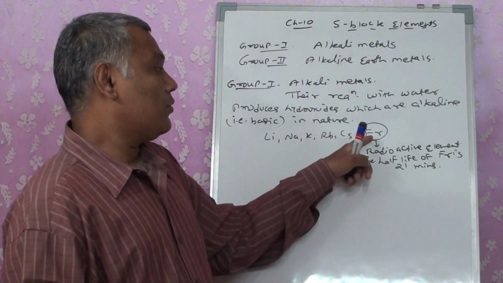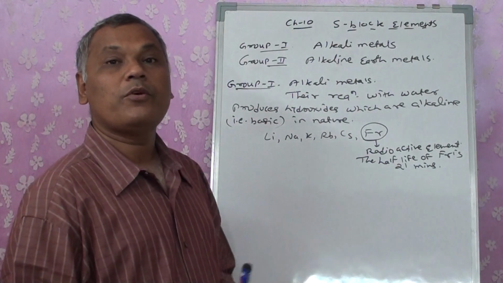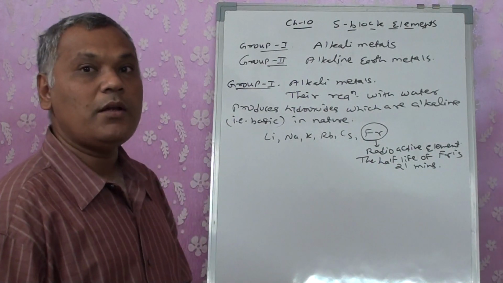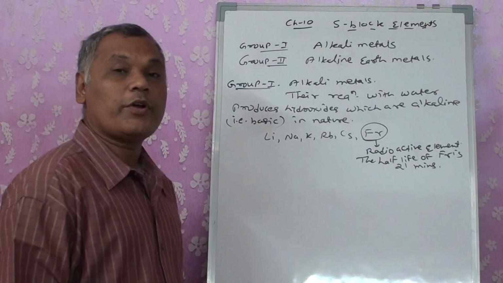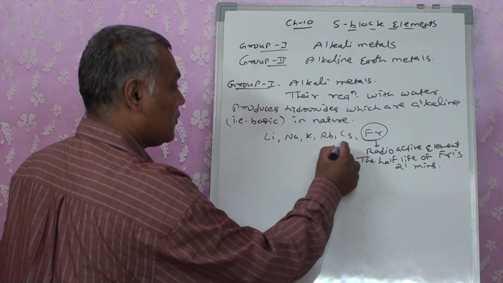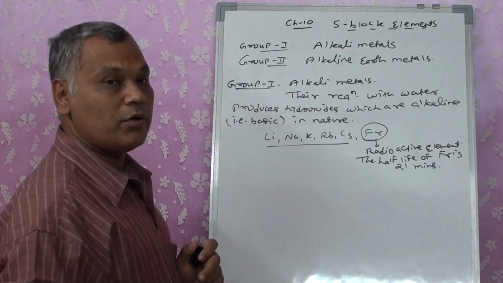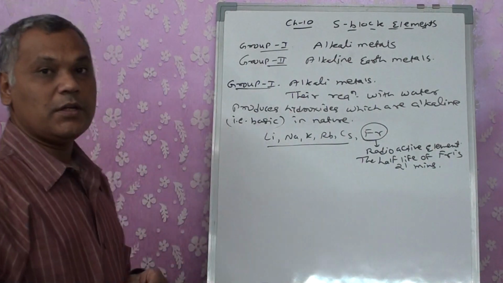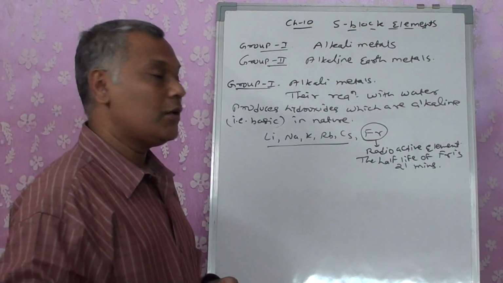These types of radioactive compounds are very difficult to handle or to carry out chemical reactions with. So whatever we study will be about the rest of the 5 elements: lithium, sodium, potassium, rubidium and cesium.